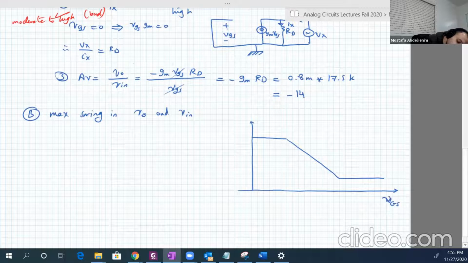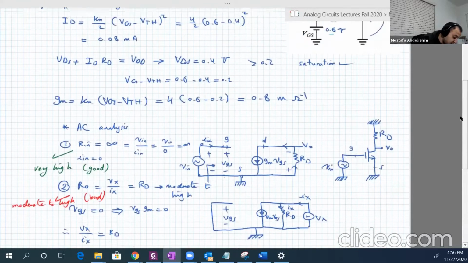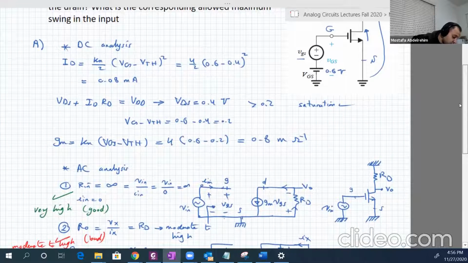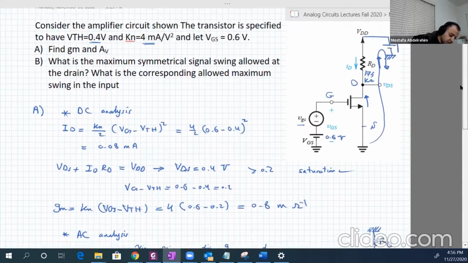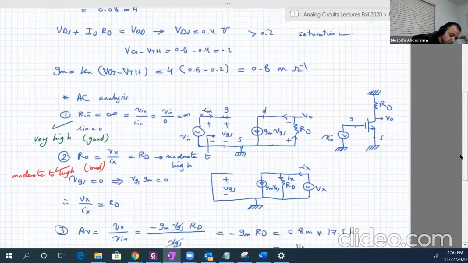This is VGS, capital VGS because it's both AC and DC, and this is VDS, capital VDS. This point is at V threshold, which in that case is 0.4. This point we don't know, it's VGS SAT. And now we are working at that point at 0.6. If we go back here, VGS is equal to 0.6, and VDS is 0.4.